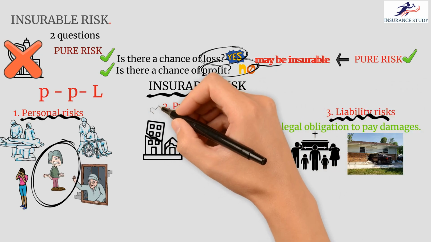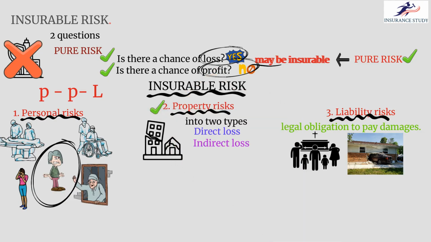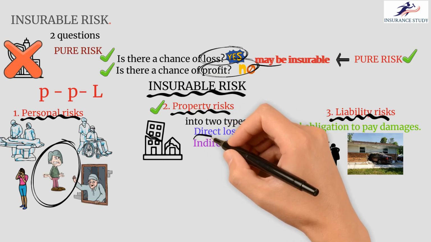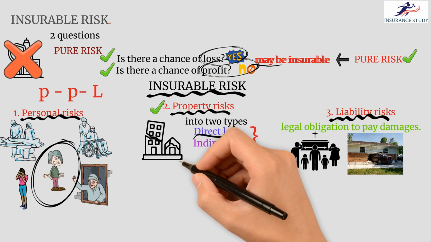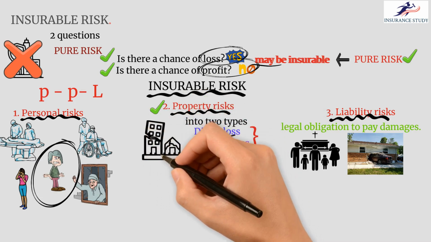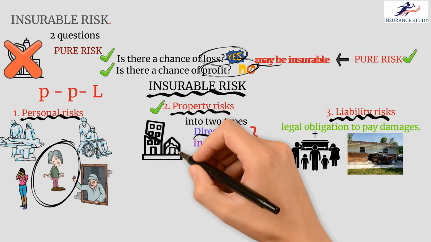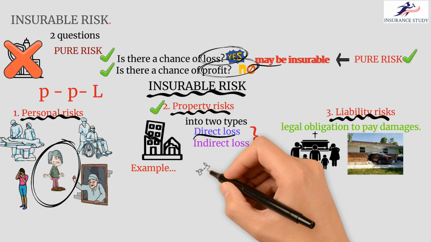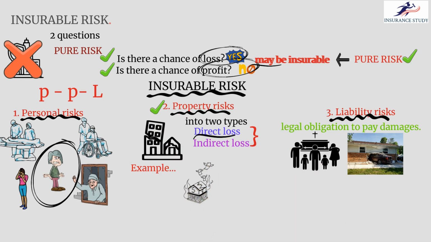So now let's focus on property risk. There are two types of property loss: direct loss or indirect loss. Direct loss. A direct loss involves damage to or destruction of the property insured. For example, a fire destroys a house. The cost of rebuilding that house is a direct loss.